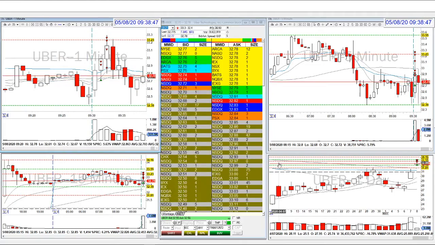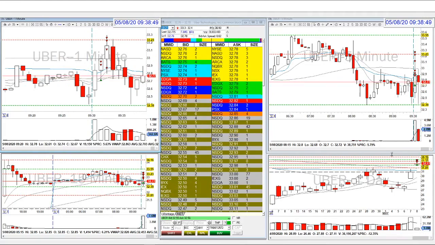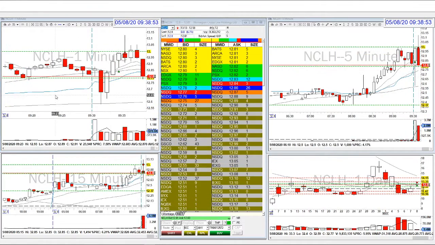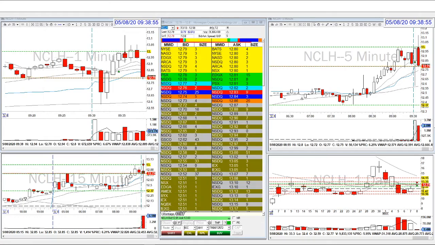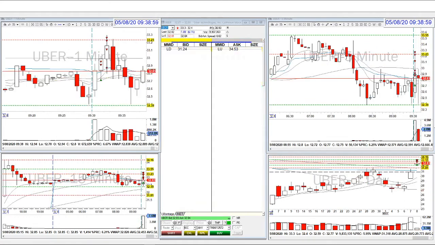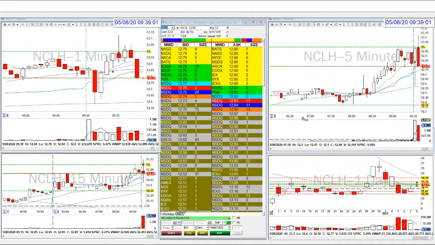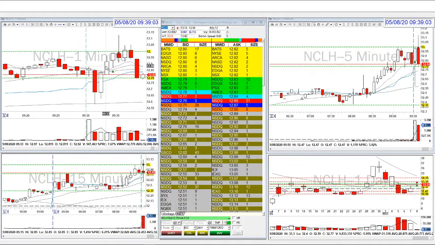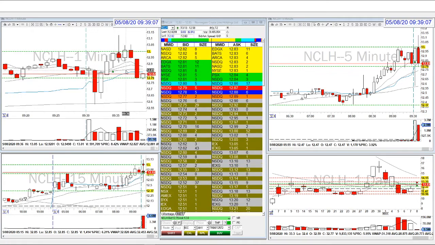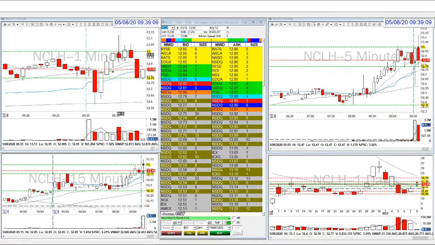That's for Uber. The other trade that I took, before I traded Uber, is the NCLH. Again, the stock retraced, I entered position right at the support line, and then quickly exited.